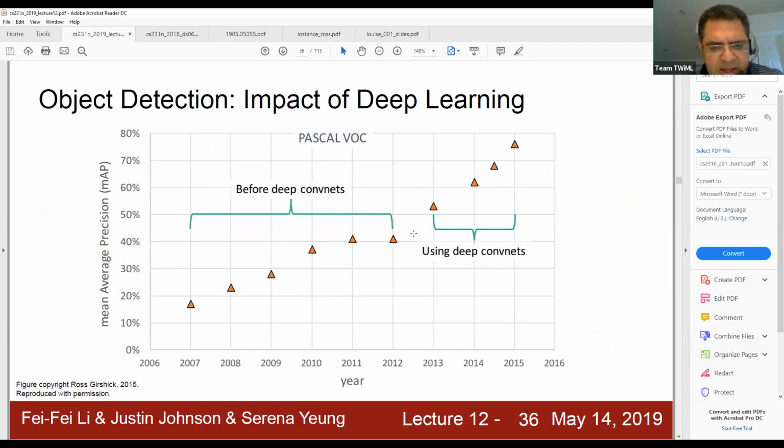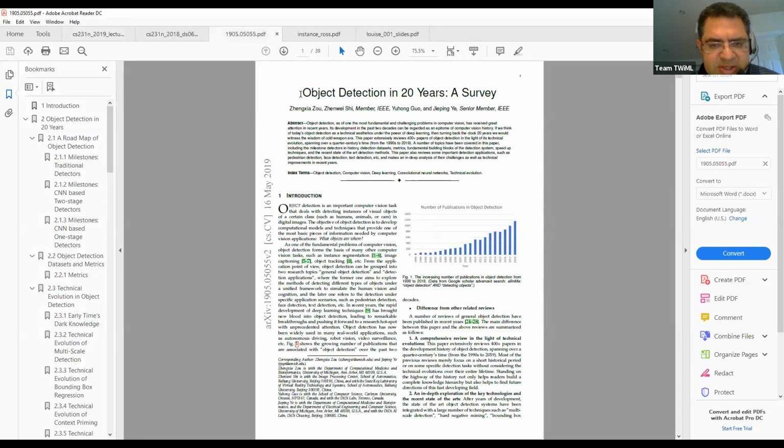Object detection has been around for 20 years. There's a recent paper which is summarizing object detection in the past 20 years, and they've reviewed around 400 papers in this review paper.